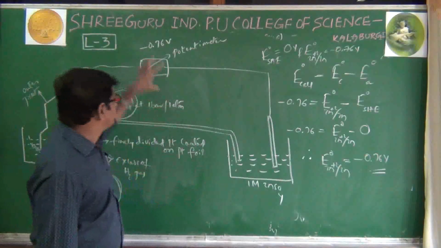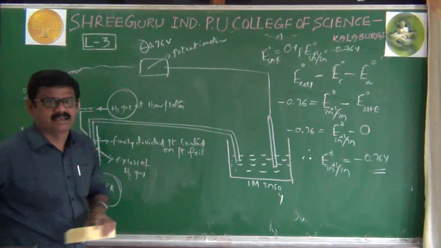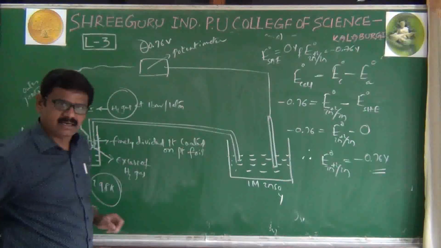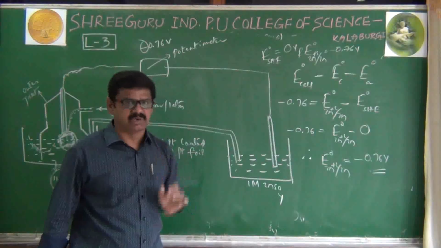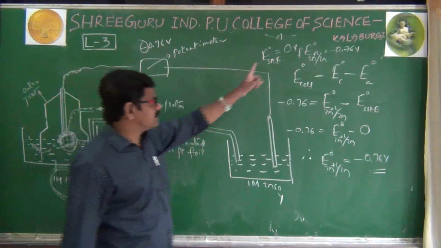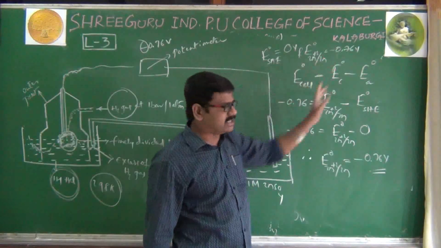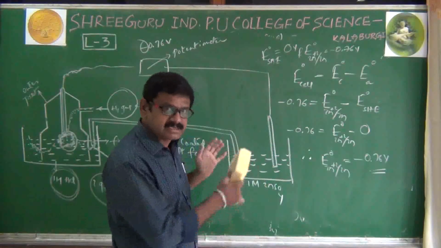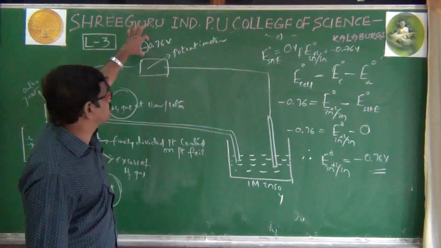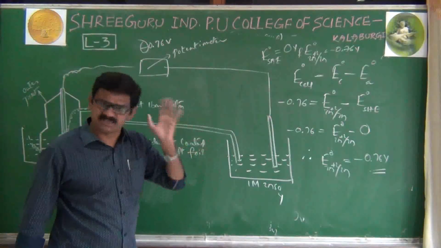That's why the cell potential value comes out negative. A negative cell potential means this is a non-spontaneous process. That is very important. Why? Because SHE should be on the right side and zinc on the left side, but here we have taken the reverse. This is simply a method to find all electrode potential values. If we get a negative E naught value, it means the process is non-spontaneous.